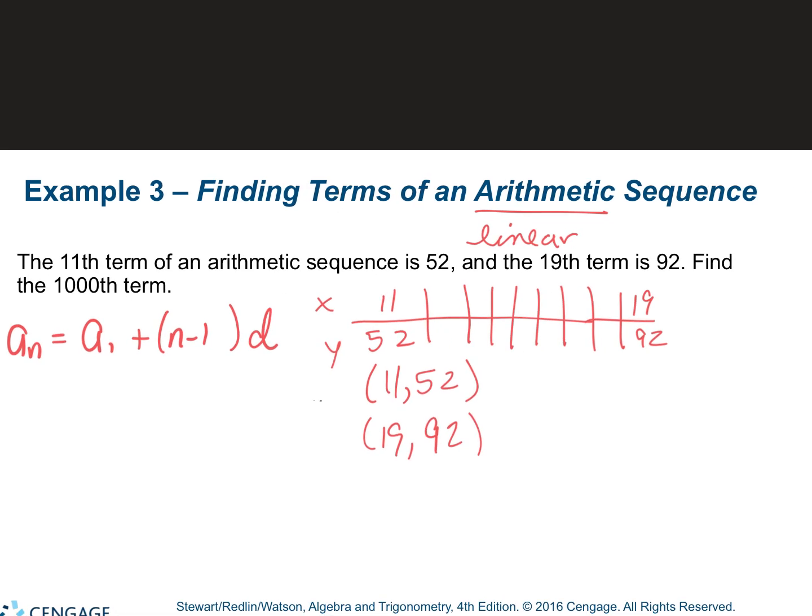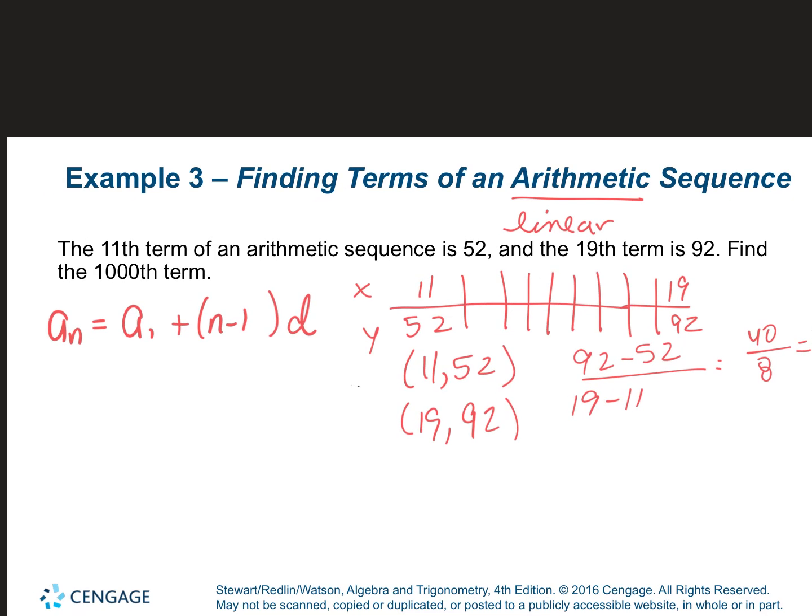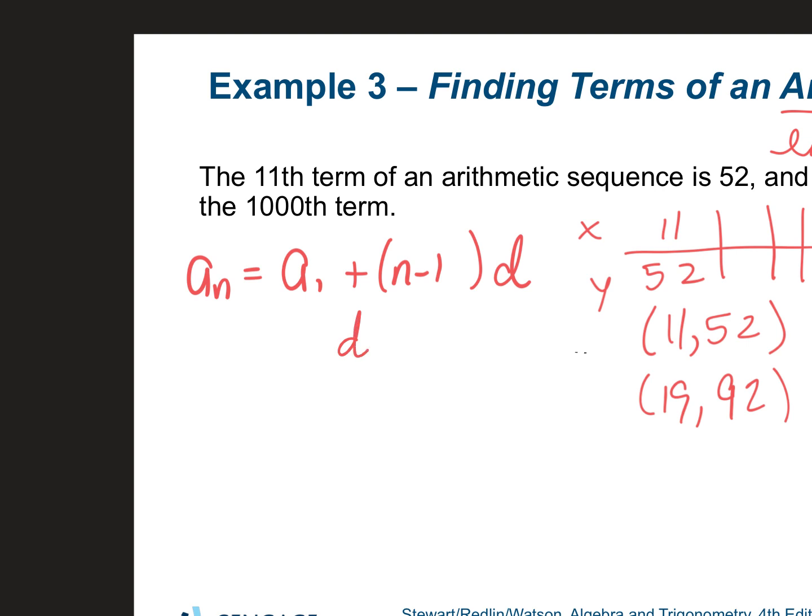And now we just find the slope. So 92 minus 52 over 19 minus 11. 92 minus 52 is 40, divided by 19 minus 11, which is 8. So what is your common difference each time? It's positive 5. You are adding 5.